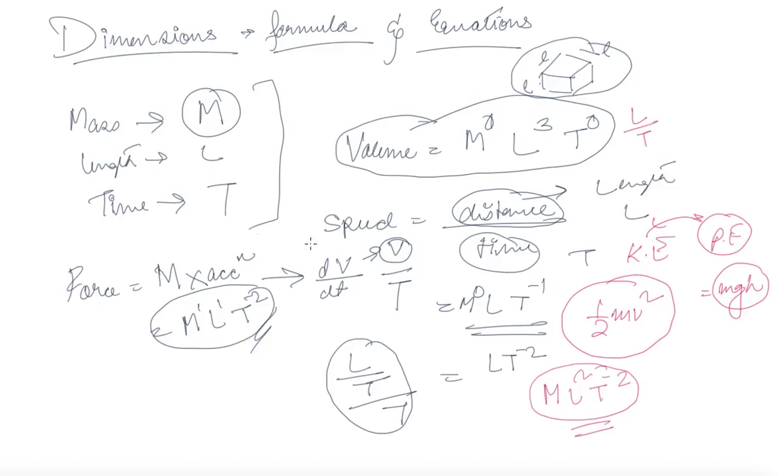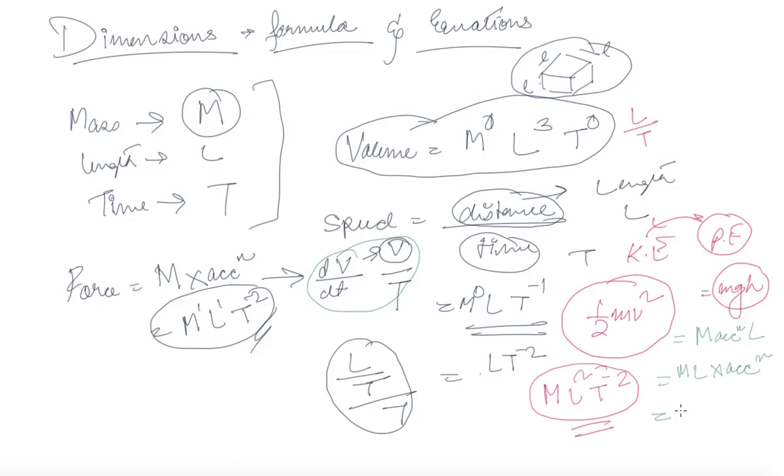Now let's do the calculations for potential energy. This is mgh. m is your mass, g is your acceleration due to gravity, and h is your height. This is also length. So this becomes m, L, into acceleration. Now the dimension of acceleration, like I have said, which we derived at this particular point, was L T to the power minus 2.